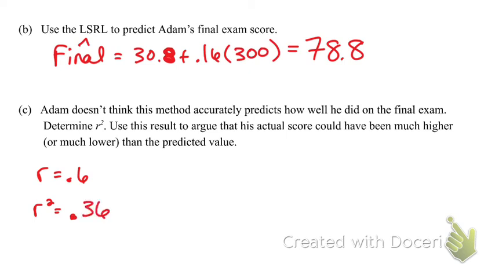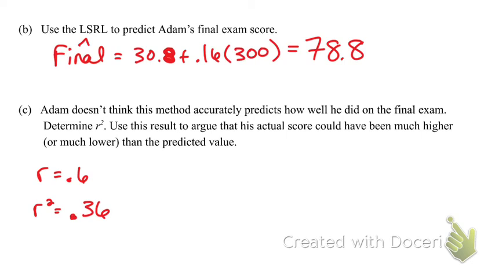So only 36% of your predictions with this line, Miss Lakey, are any good. He definitely did good. If he knows all this, I'm going to give him a higher grade. I'm going to go ahead and give him that 95.